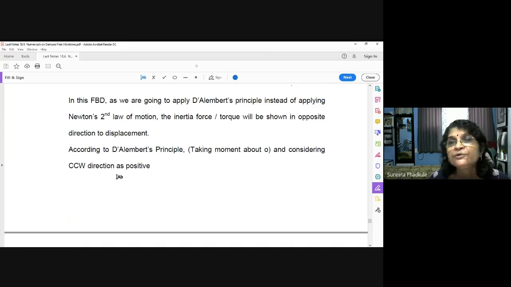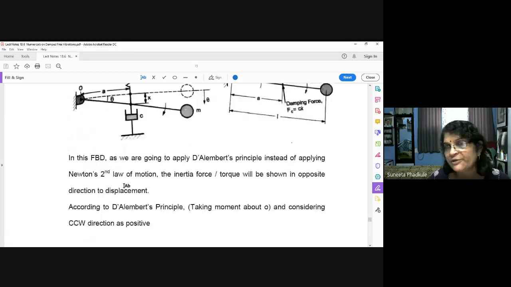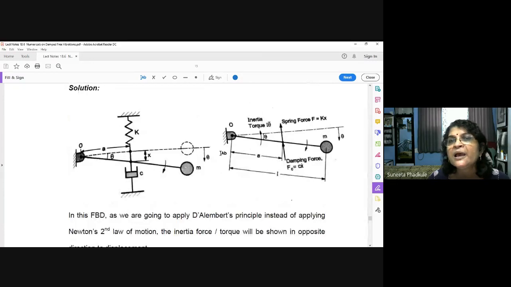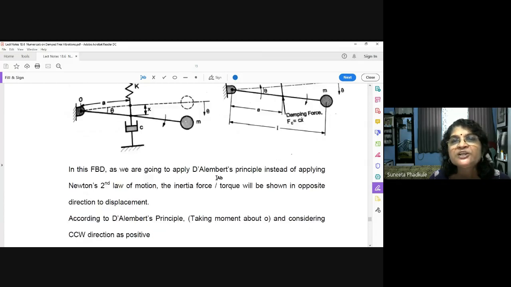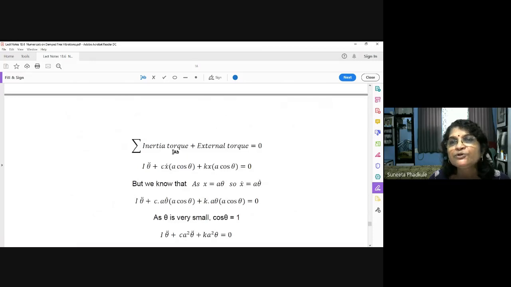You have to consider one direction positive and the other negative, and always take as positive the direction in which the inertia torque or inertia force is acting. So anti-clockwise positive. What is the equation? Summation of inertia torque plus external torque is equal to 0. This is the equation of D'Alembert's principle.